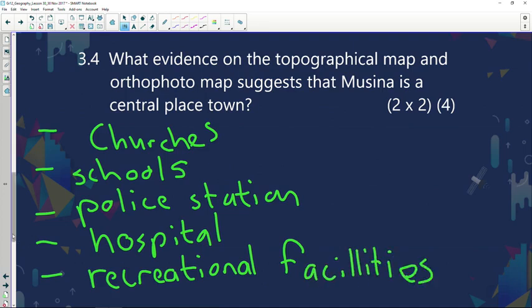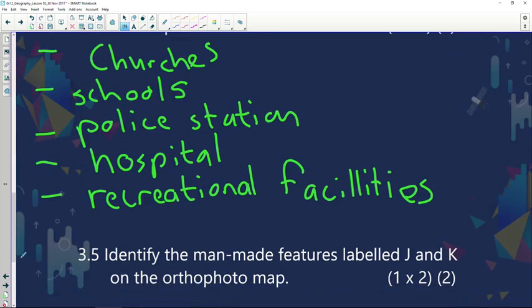Okay, so basically people from the surrounding rural areas can come and get their goods and get services from the small town of MUSINA. For instance, the people from the surrounding rural areas need to come and service their cars. They can come into MUSINA, or even schools, like for instance isolated farmsteads where the kids can go to school. So that is the reason we can classify MUSINA as a central place town.